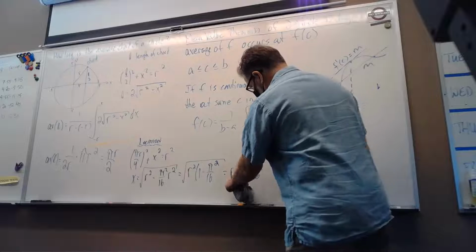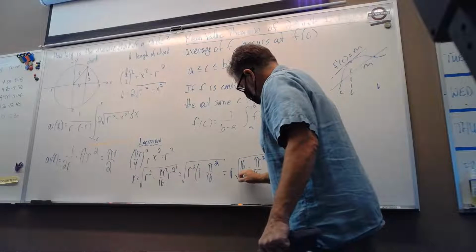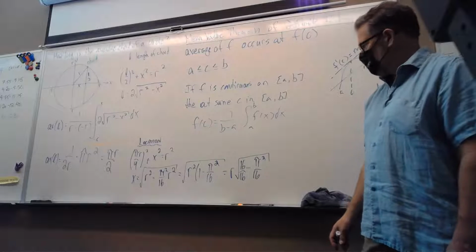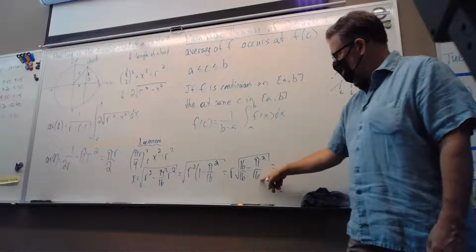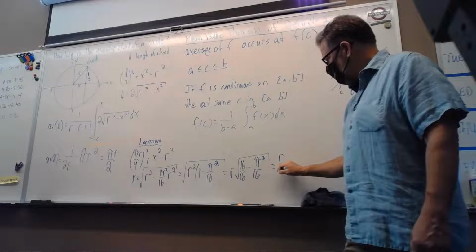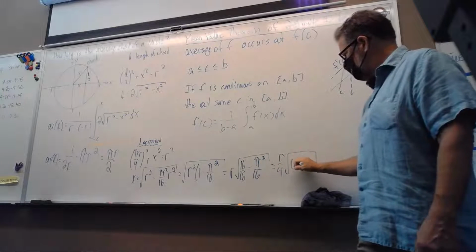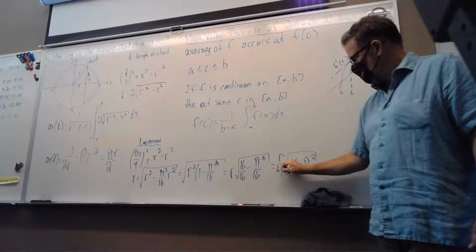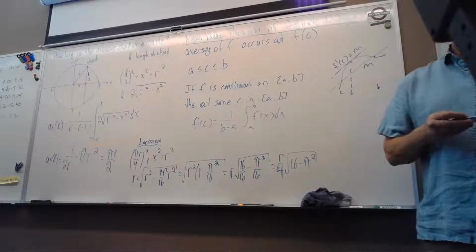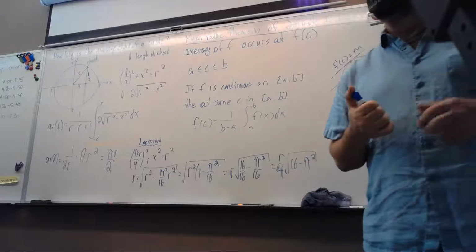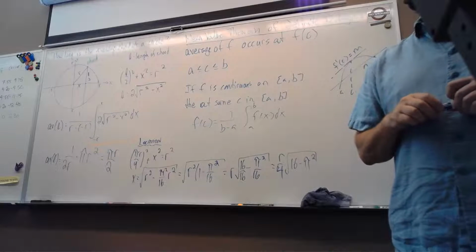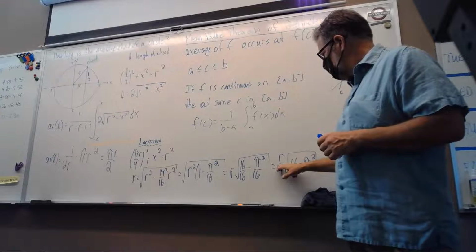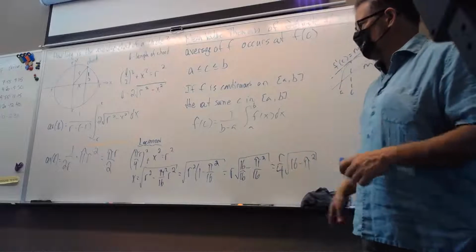I'm going to make this 16 over 16, because I can, because I want to. And so this becomes r over 4 times the square root of 16 minus pi squared. You okay with that? All I'm trying to do is make it easier by simplifying this.